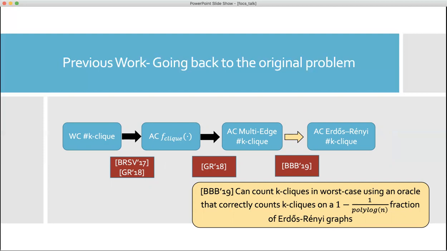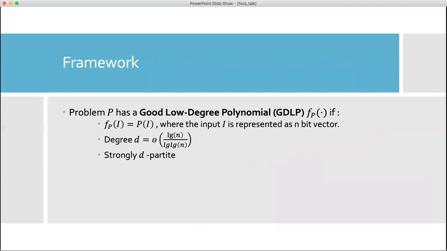So this step-by-step self-reduction for K-click counting contains a lot of ideas from different works. But these ideas are not bounded to the K-click problem only, and we extend them to a general framework.